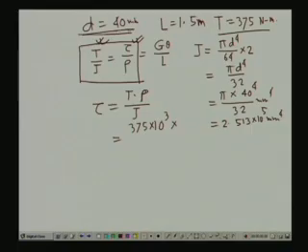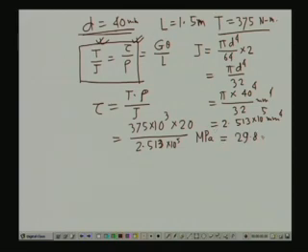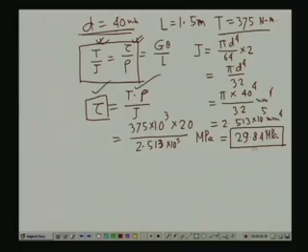Diameter given here is 40, so that is 20, divided by J, which is 2.513 into 10 to the power 5. So, this gives us Newton per millimeter square, which is megapascal, and this gives us a value of 29.84 megapascal. So, this is the value of the stress tau. For the given twisting moment T, the shear stress is 29.84 megapascal.